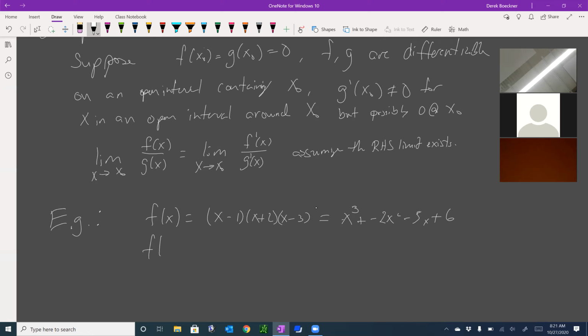And say g of x is x minus 1, x minus 2, x plus 3, which is x cubed minus 7x plus 6.